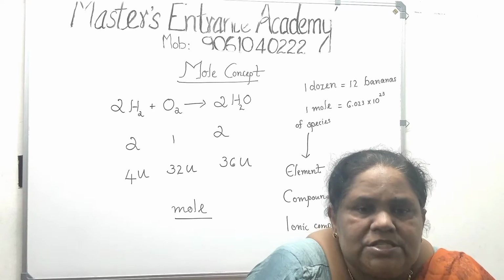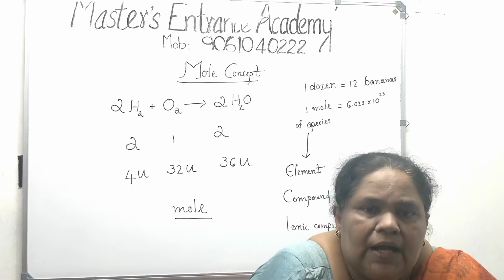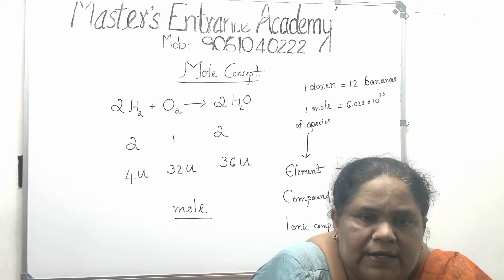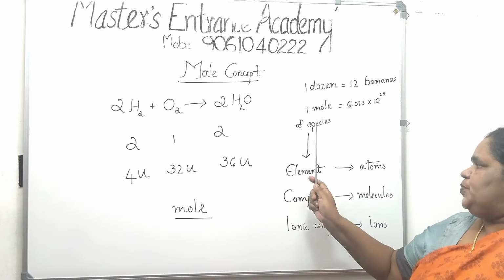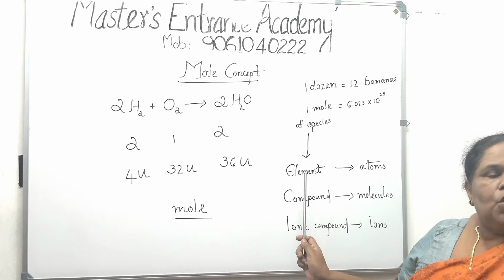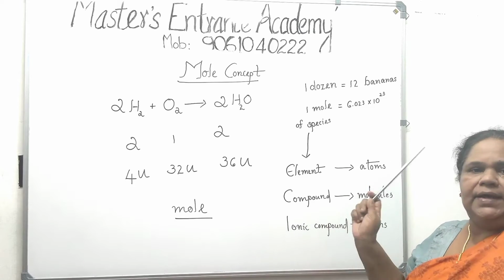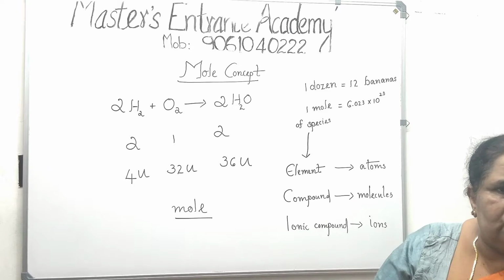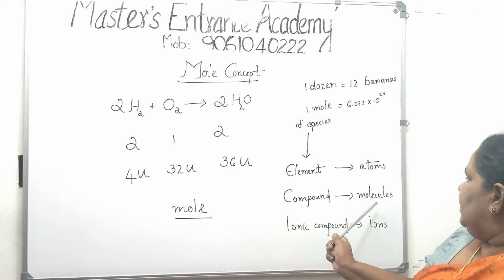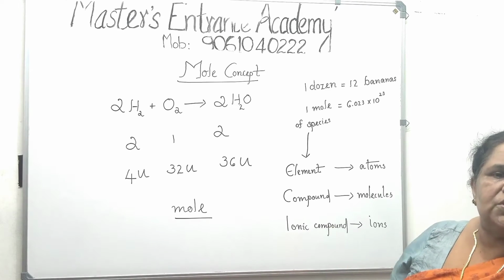Because elements are made up of particles called atoms. So if the species is an element, the constituent particles are atoms. If the species is a compound, the constituent particles are molecules.